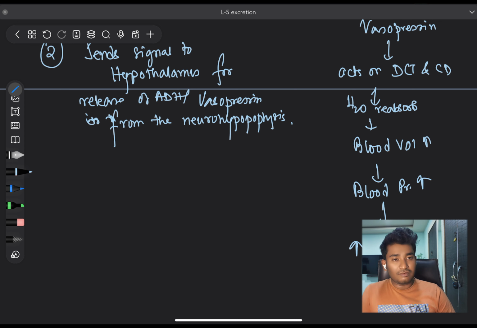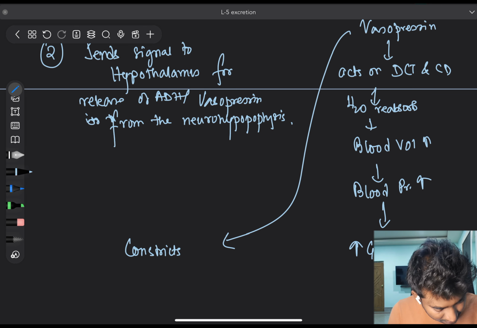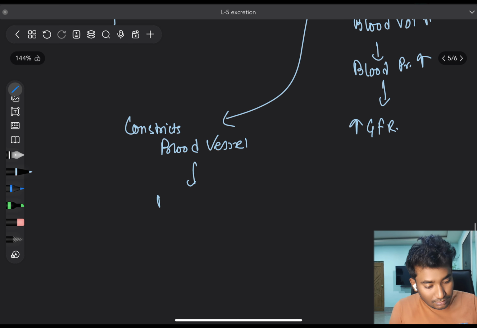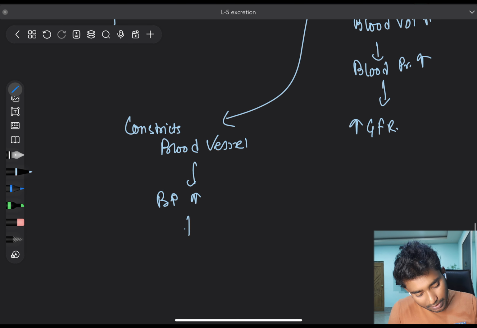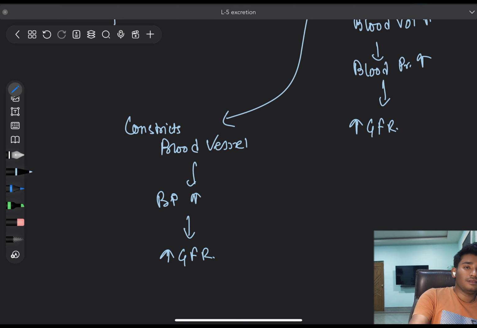And another function of ADH is that it constricts blood vessels. Blood pressure goes up, thus the GFR goes up. Okay.